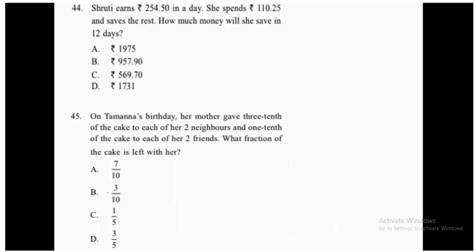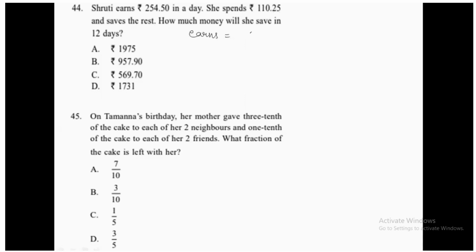Now let's move to the next question, which is: Shruti earns 254 rupees and 50 paise in a day. Now she spends 110 rupees and 25 paise and saves the rest. So how much money will she save in 12 days? Okay, so how much did she earn?